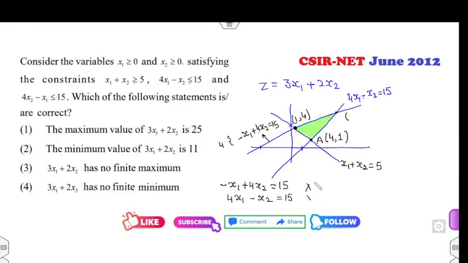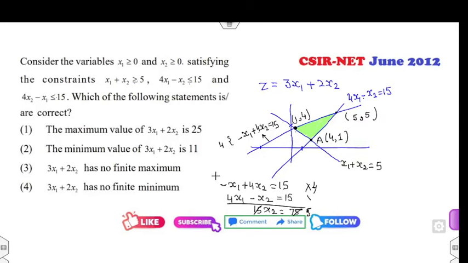If I multiply this by 4 and add them, 16 minus 1, 15x2 is 60 plus 15, 75. So x2 will be 5. If x2 is 5, x1 is 5. So 5 comma 5. Clear?